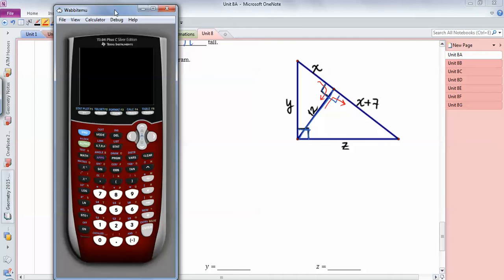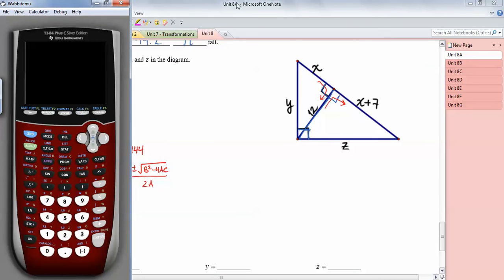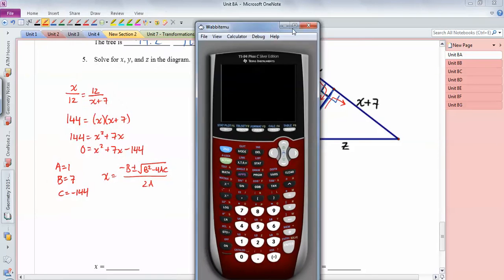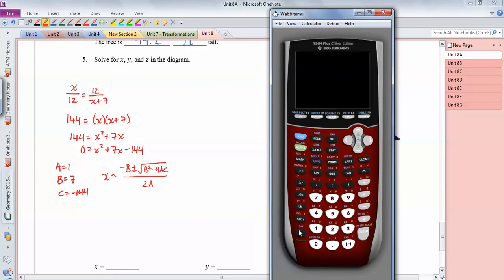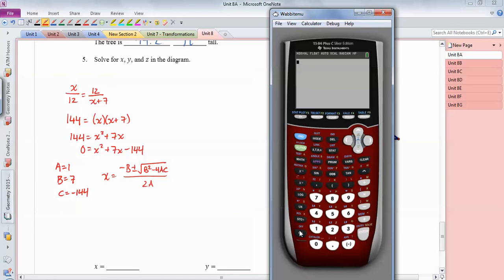Here, we'll just do it real quick. A is 1, so I'm going to do 1, store as alpha A. B is 7, so 7, store as alpha B. And then C is negative 144, store it as C. And then to get the fraction, it's alpha F1, fraction numerator over denominator.